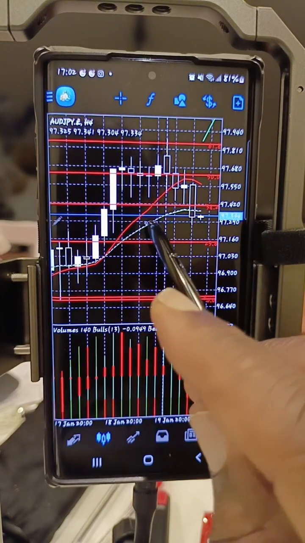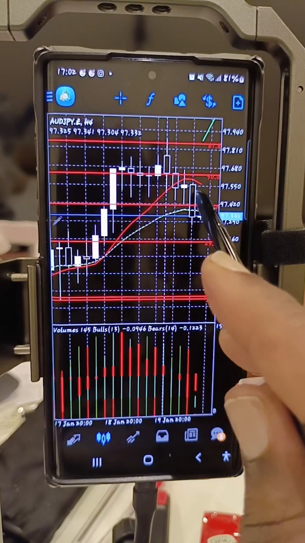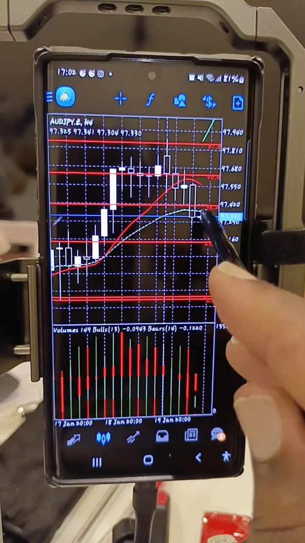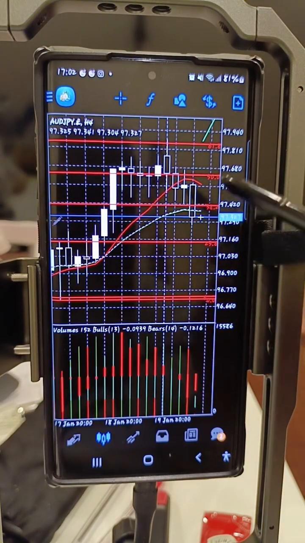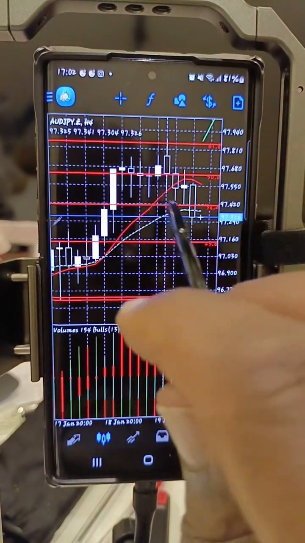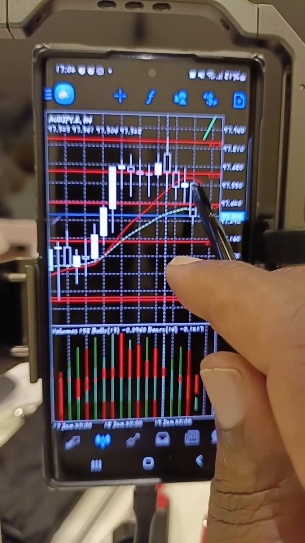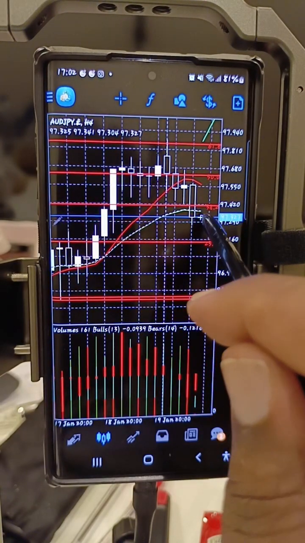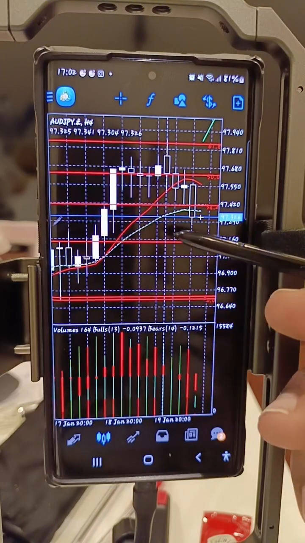My green or white line here is my 20 MA, that's my 10 MA at 50. So will it take this out, or will this become my resistance here? After this selling happening here, this is how I'll break this down and look to see what happened.